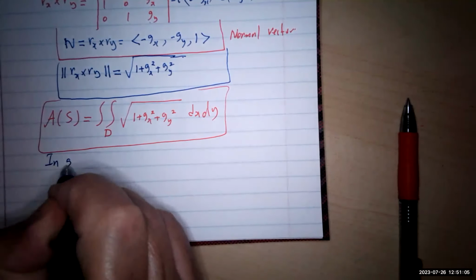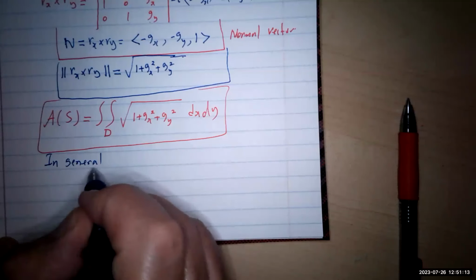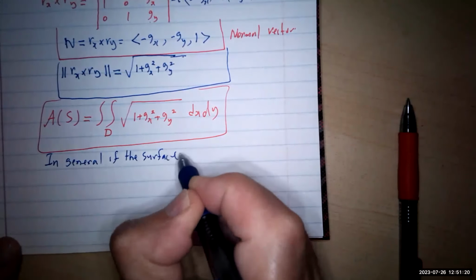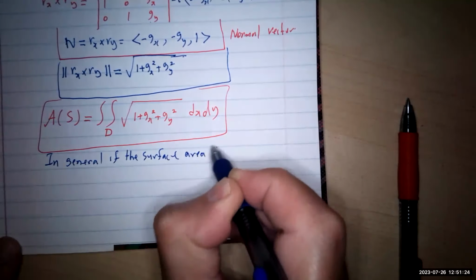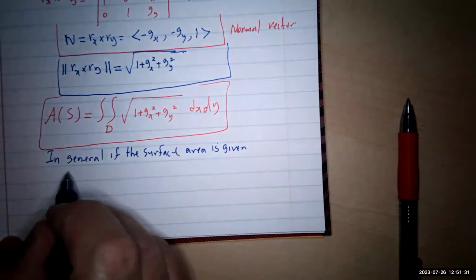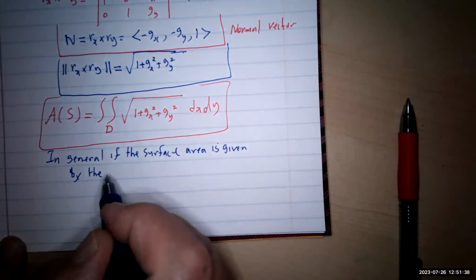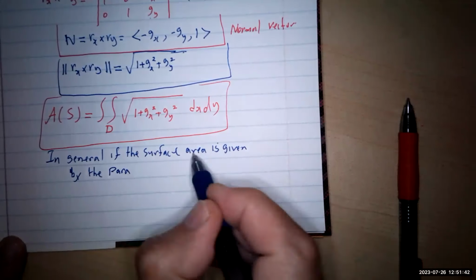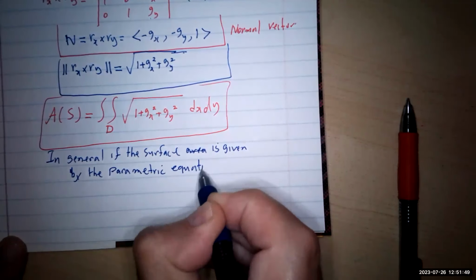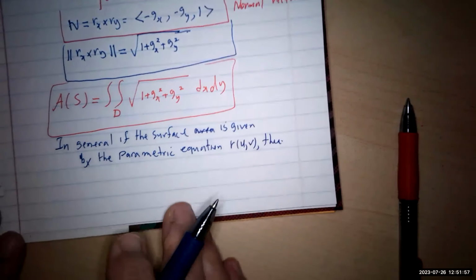We say that, in general, if the surface is given by a parametric equation of the form r of u and v, then this formula would be extended to nothing new, it's exactly the same thing.